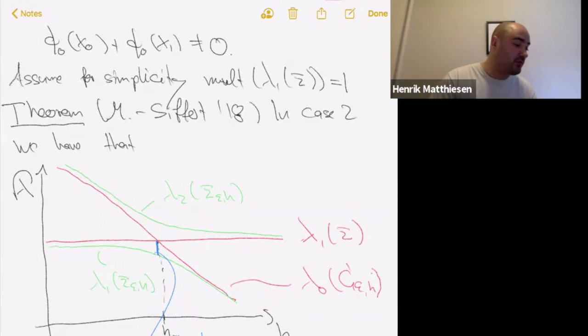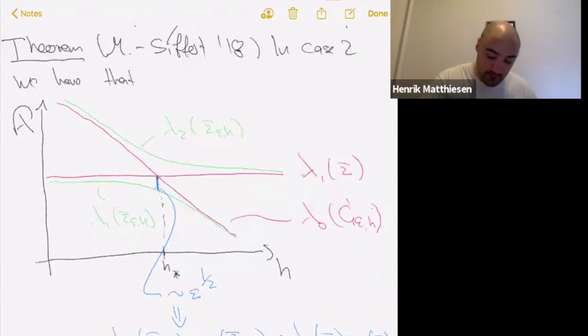So let me make a few remarks on that. The first remark is that we expect that we can obtain theorem A prime only with parameters H near H star.